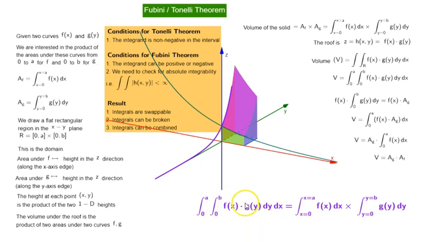We can take the inner integral with respect to x and the outer integral with respect to y. Integrals can be broken up and integrals can be combined. So we can go forward in this direction or we can go backwards in this direction. So that was Fubini-Tonelli theorem.